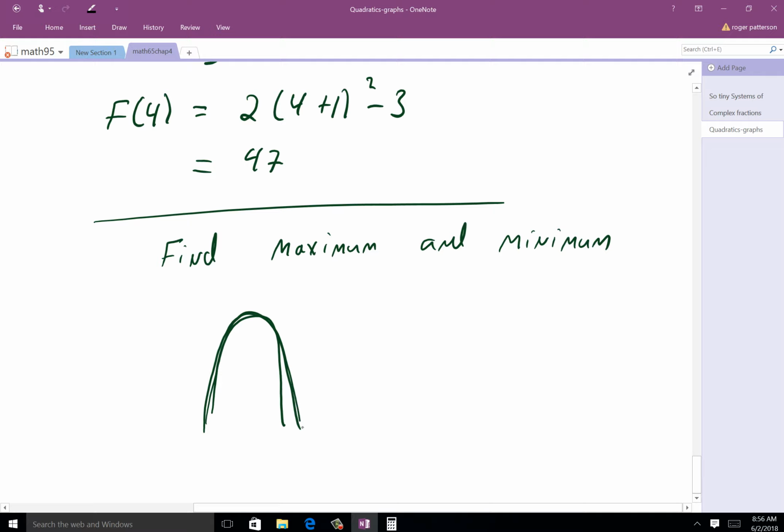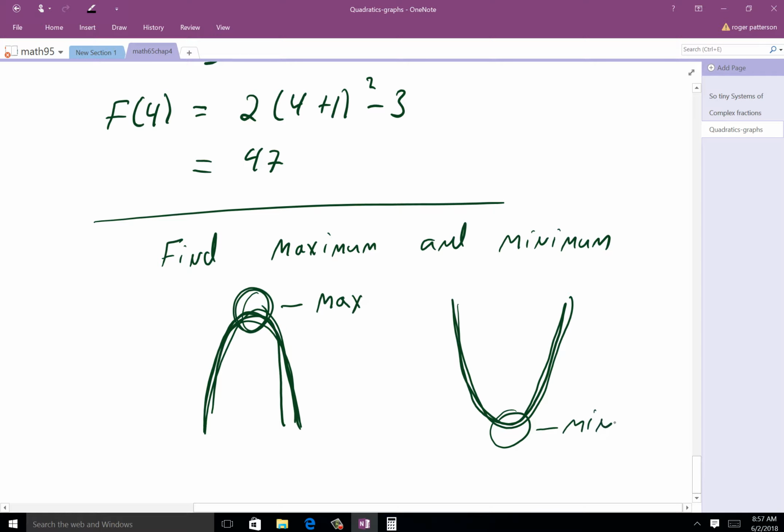If this is a parabola here, and this is my vertex right there, that's my maximum value. I can't get any higher than that. The same thing's going to happen here. If we have a parabola that looks like this, then my vertex here is the minimum. So if it asks you to find the maximum, you go find the vertex. And that's all you got to do there.